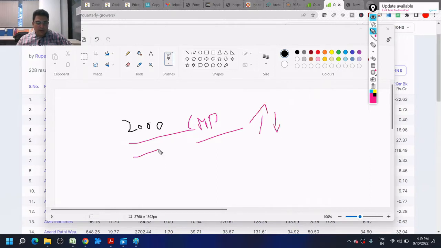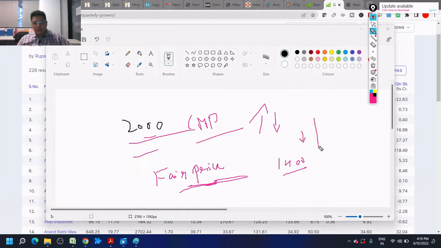To identify this, that is the fair price of the stock. Some of you might say fair value also, but we are trying to get the fair price of this stock. If we get a fair value saying the stock price should be 1400, then definitely if you invest in this stock you are going to lose, because on some correction it will come back to this zone. And if you get a fair price saying this stock's fair price is 2500, you can easily add on this and wait for it to touch this.